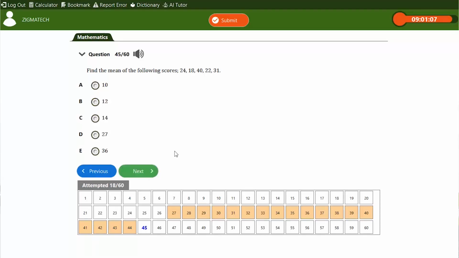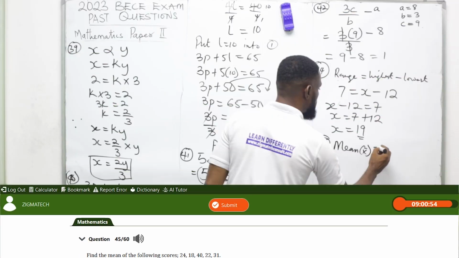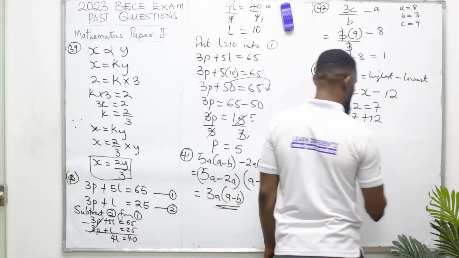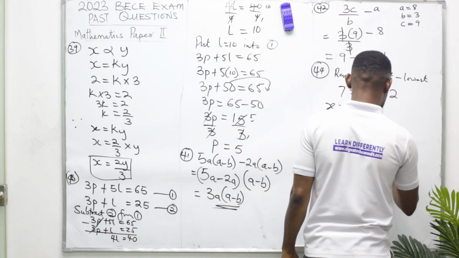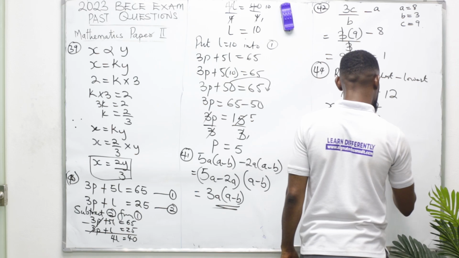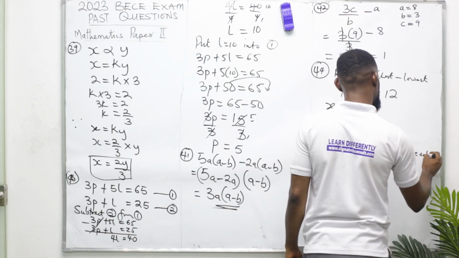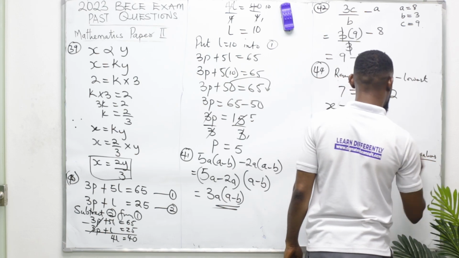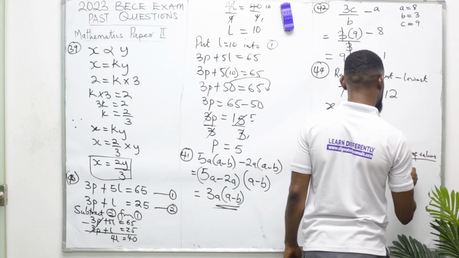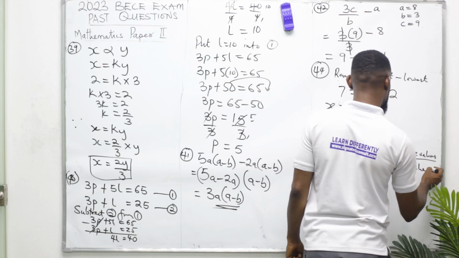45 says, find the mean of the following scores: 24, 18, 40, 22, 31. So mean, which is our x, is equal to the sum of the set of values divided by the number of values. That is our mean.